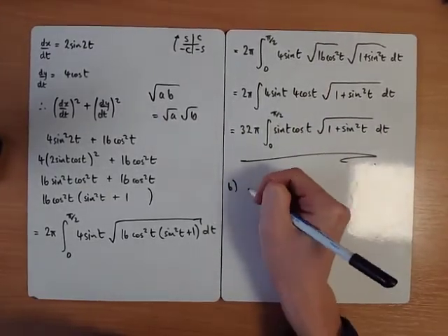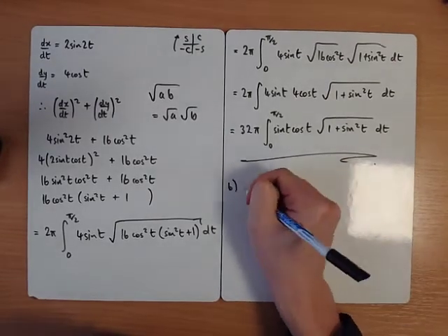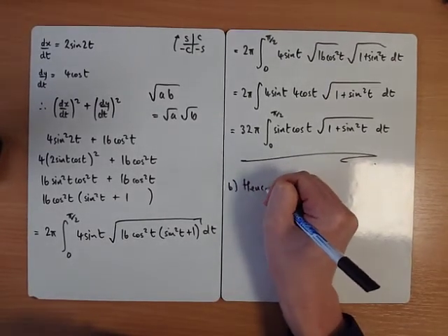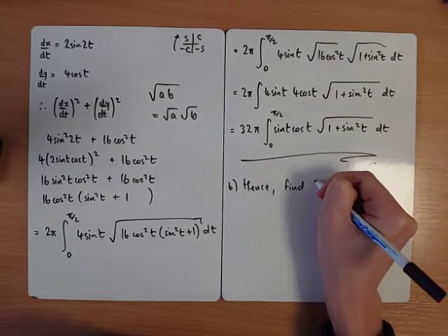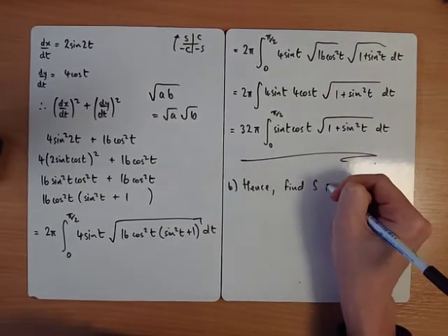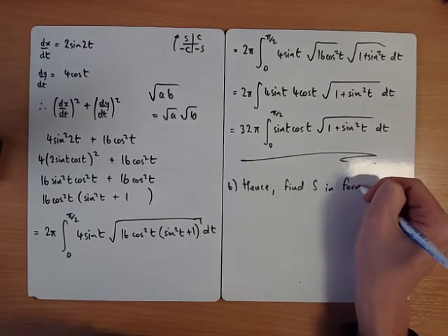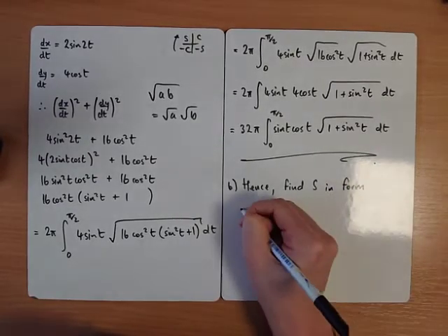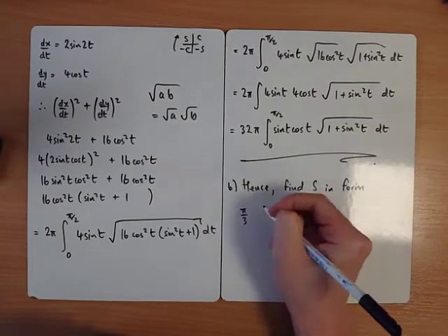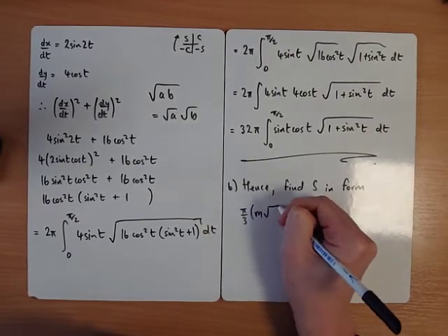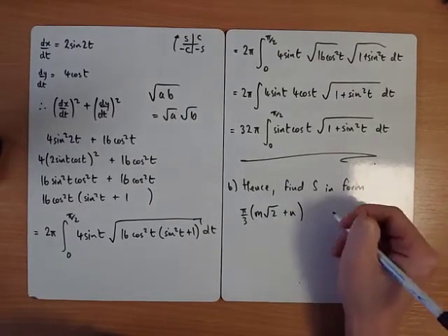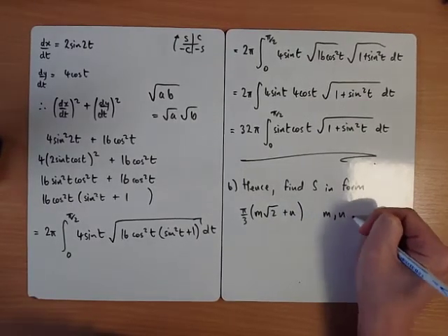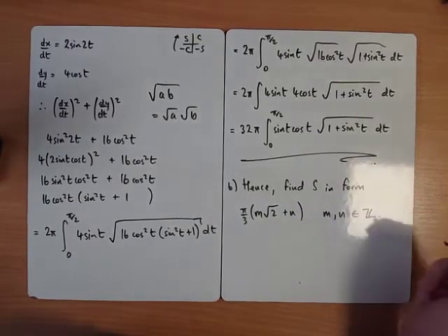Part B says we want to evaluate this. So hence find S in the form pi over 3, m root 2 plus n, where m and n are integers.